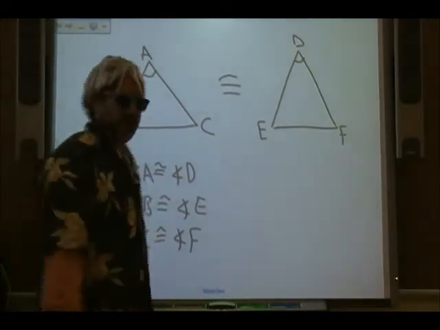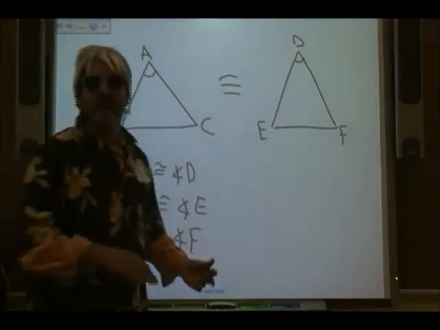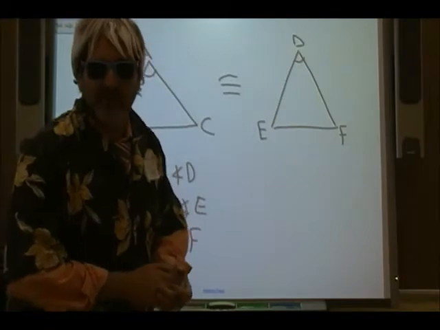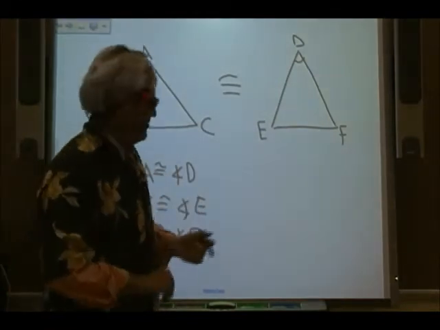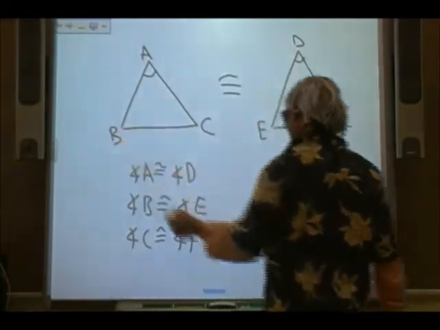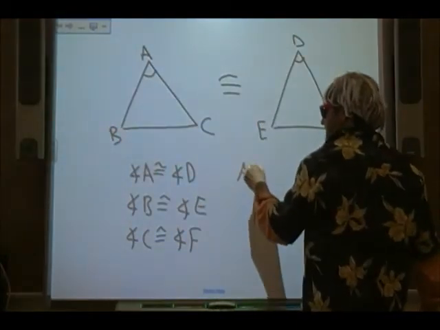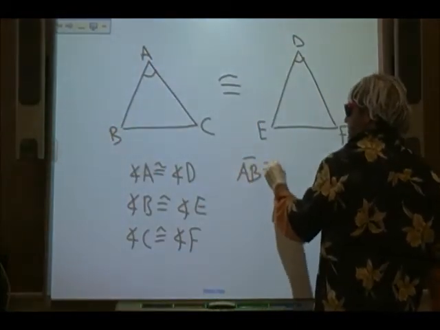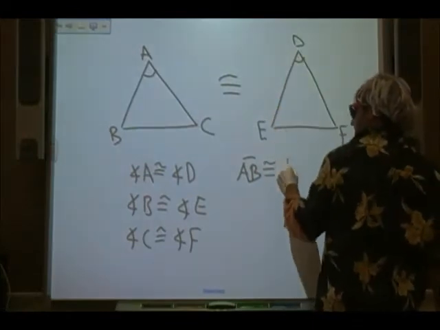Now we have the sides are also going to be corresponding and congruent. So if I take this side, which I'm going to call AB, then I would say AB is congruent to this side here, DE.